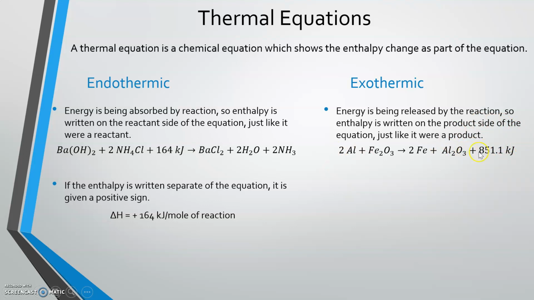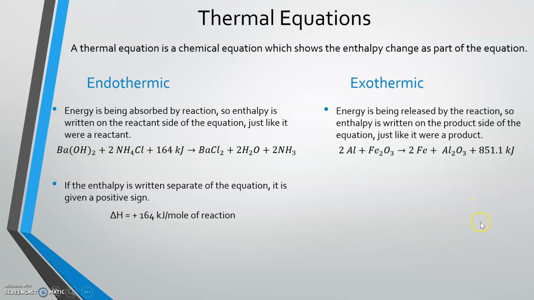Okay, notice it's plus the energy. It's not minus the energy, because what do we make? We make this and this and this as a result of performing the reaction. So 2 aluminums and the iron oxide are going to create 2 irons, aluminum oxide, and 851 kilojoules of energy, which is a whole lot of energy, which is why the iron melted.